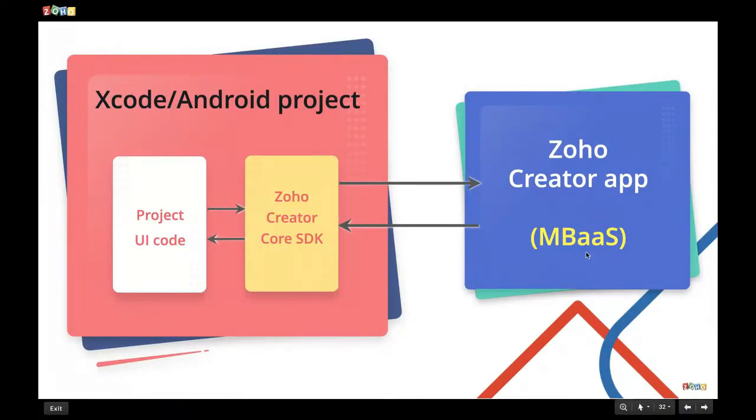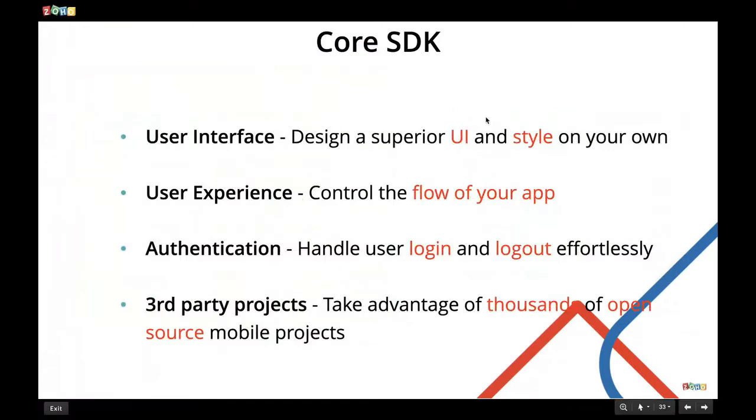So using the mobile as a backend as a service inside creator. Using core SDK, you make the UI project which you built in iOS or Android, and talk to each other. Communication happens through SDK. So what kind of experiences you get, what advantages you get.